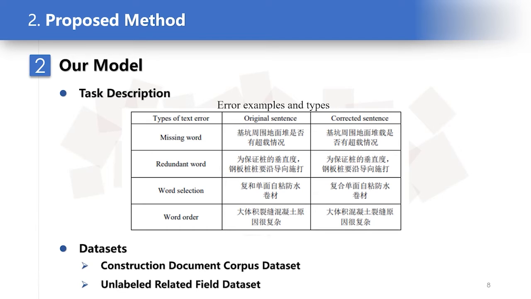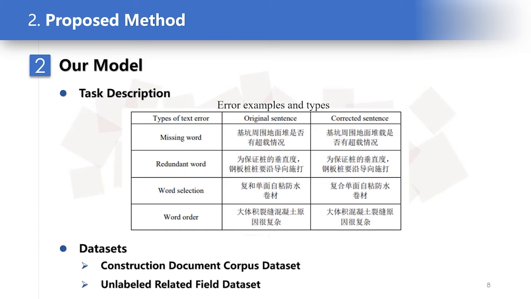Since the target task has fewer datasets and is rich in proper nouns from different fields, we try to use the unlabeled data of related fields by transfer learning, and fine-tune the parameters through training to make the model get the ability of vocabulary recognition closer to the target task.